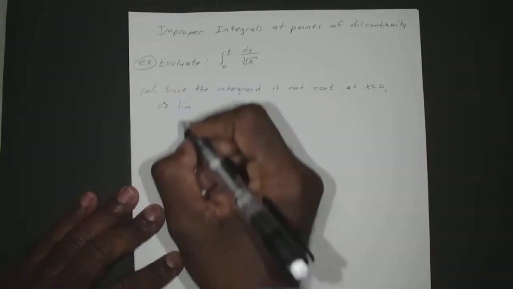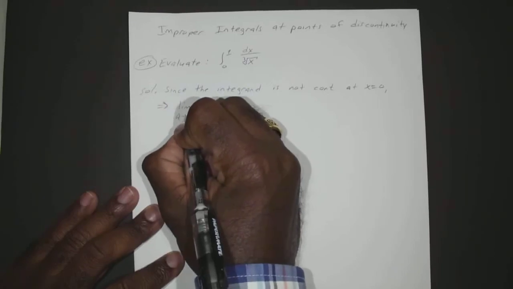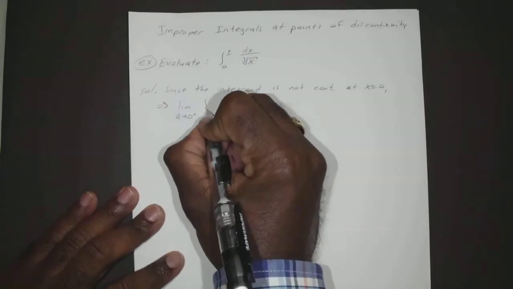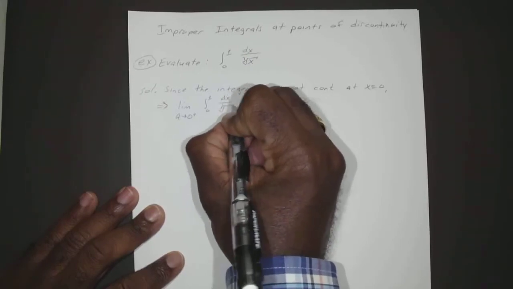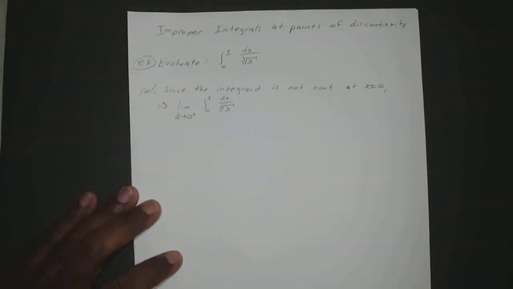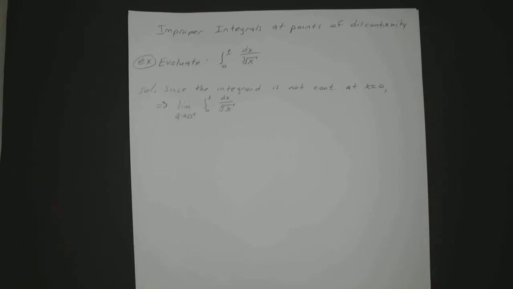So we have the limit as a approaches 0 from the right, from 0 to 1 of dx over the cube root of x. Okay, so we're not equaling 0, we're just getting really, really close to 0 from the right.